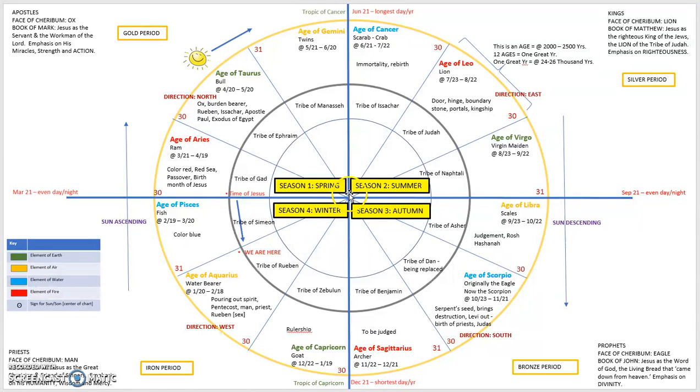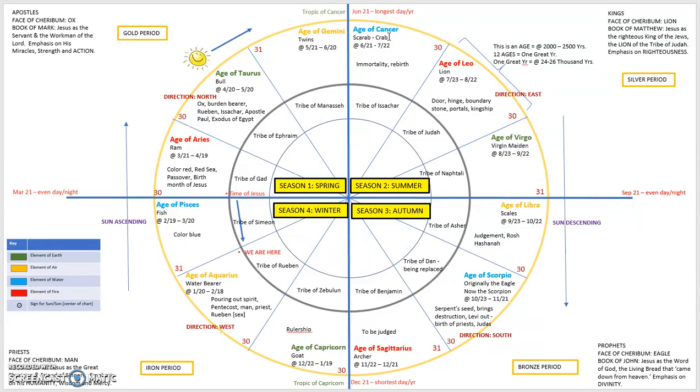I did go ahead and identify each one of these quarters as to what season it was, season 1, 2, 3, and 4, and put that in here for you as well. I've identified which way the sun would be moving around this calendar. I've identified the zodiacs within the calendar itself.